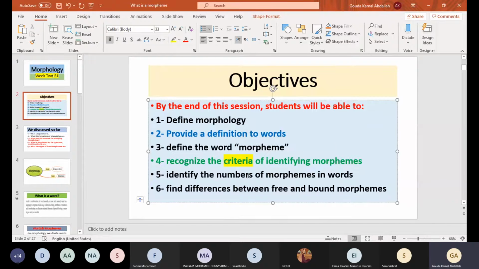Then we will finish off by knowing how to identify the number of morphemes in words. And finally, we're going to go over the differences between two main types of morphemes, free morphemes versus bound morphemes.